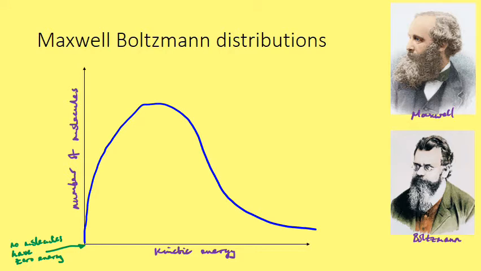And then there are a few molecules here. Let's look at this area of the curve. Here, there's going to be a small number of molecules that are moving slowly, and there's also going to be a small number of molecules that are moving very fast.